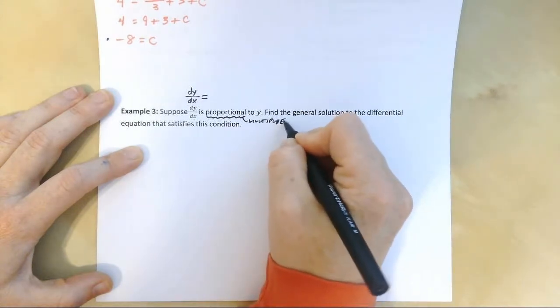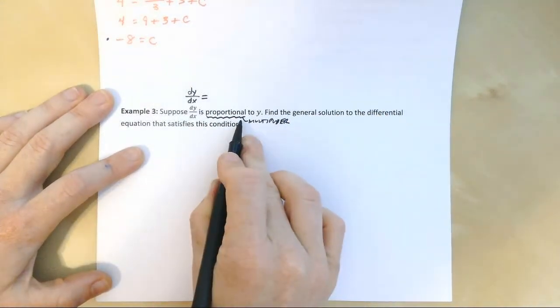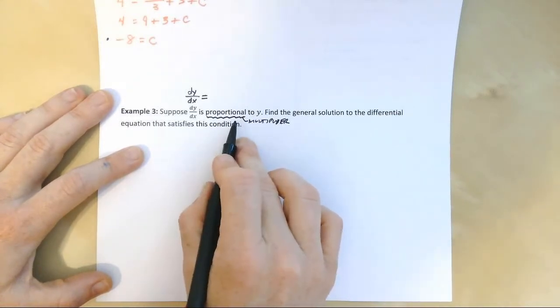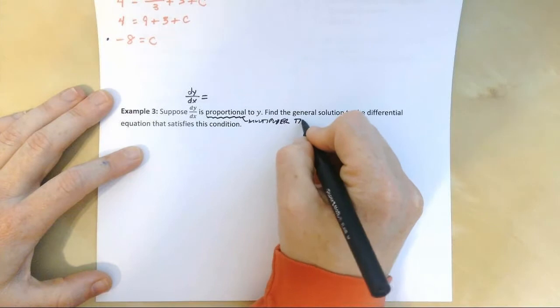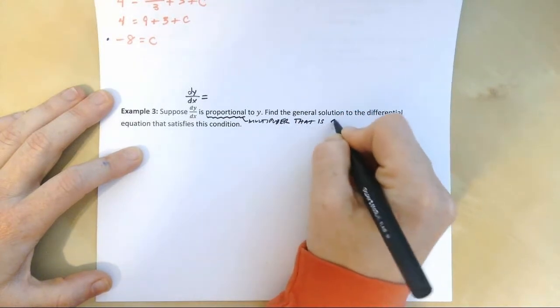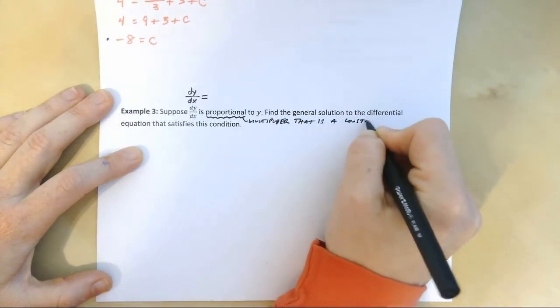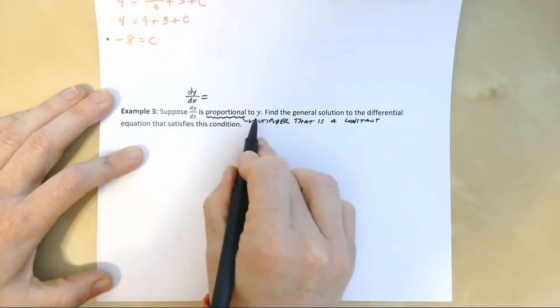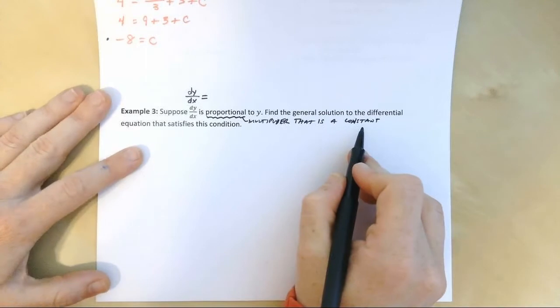So proportional means you're going to put some multiplier. It's going to be a constant multiplier.